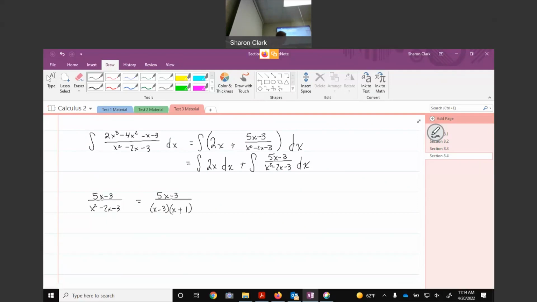Okay. So now those are linear factors and they're distinct factors. So this is A over x minus 3 plus B over x plus 1.